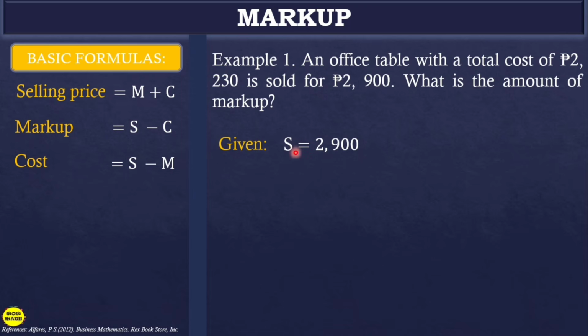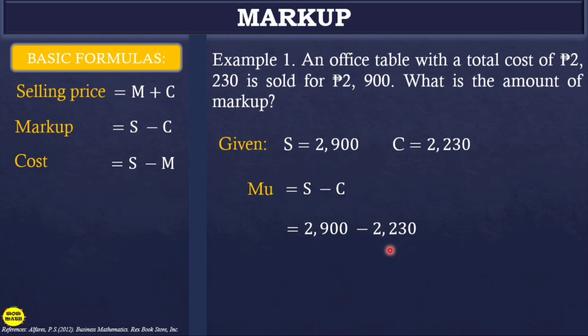The selling price is 2,900 pesos and the total cost is 2,230 pesos. To compute, use this formula, S minus C. 2,900 minus 2,230, the answer is 670 pesos. So the amount of the markup is 670 pesos.